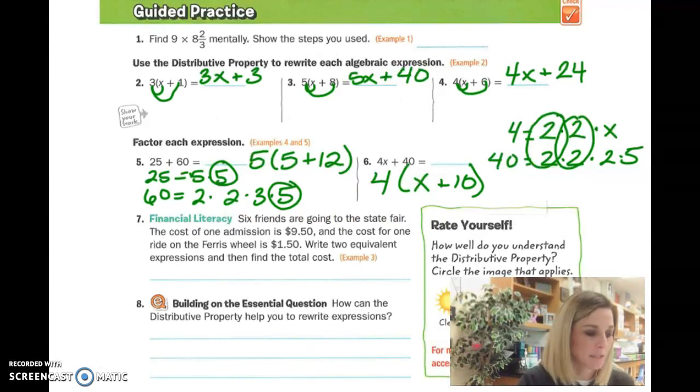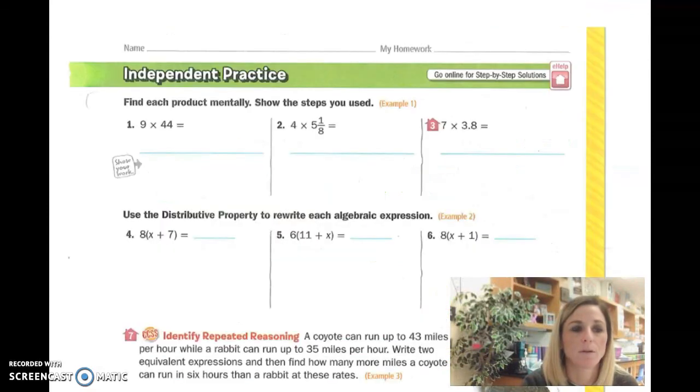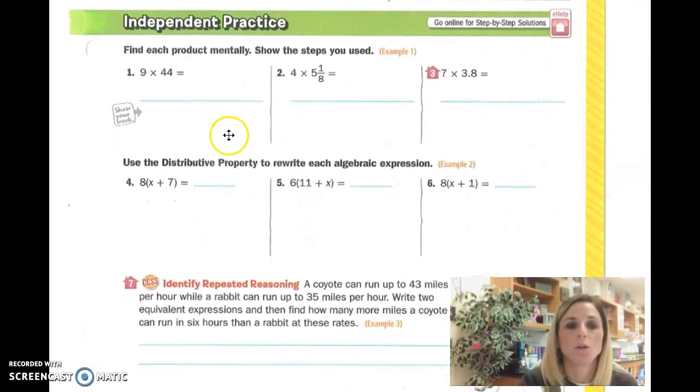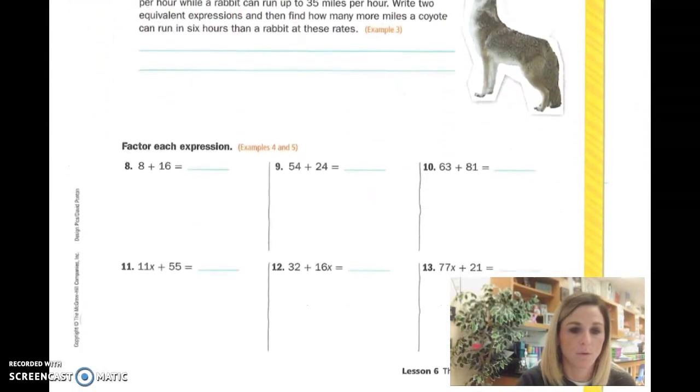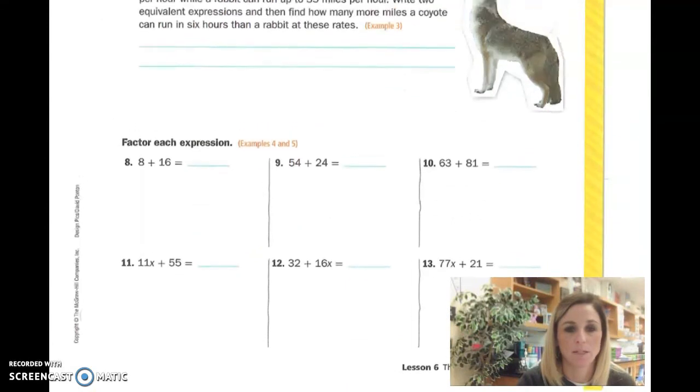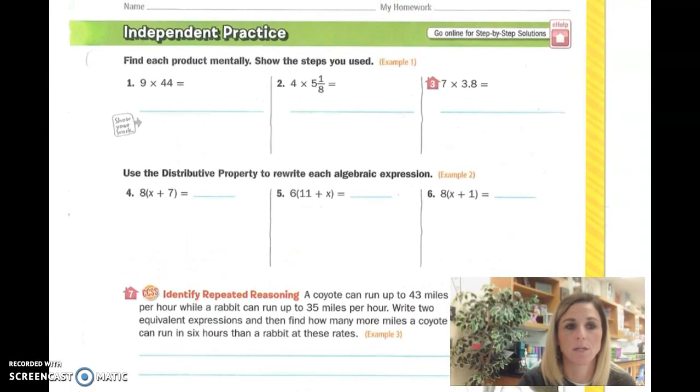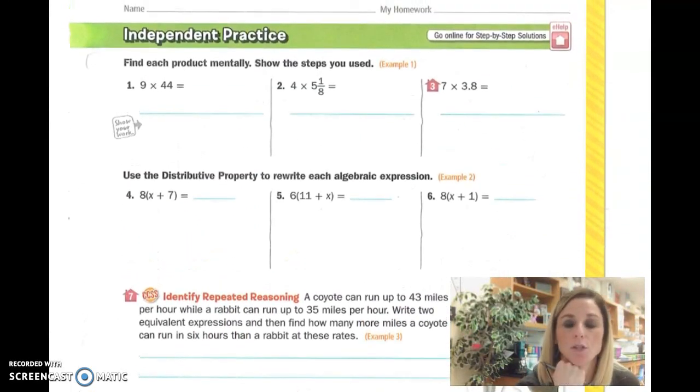All right, so here's the deal. When you are finished, I want you to get with a partner of your choice. You are completing 1 through 13 on this page together. You will go up and check your answers with the sub.